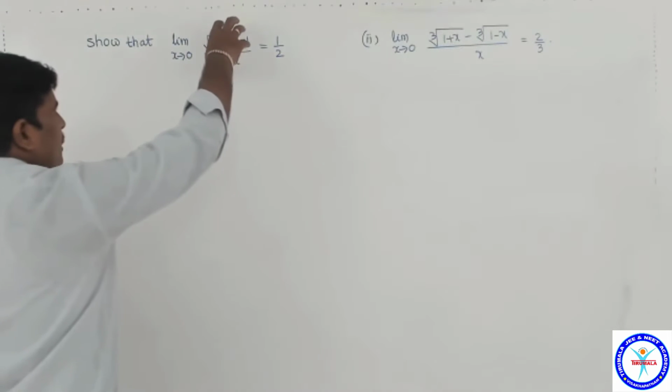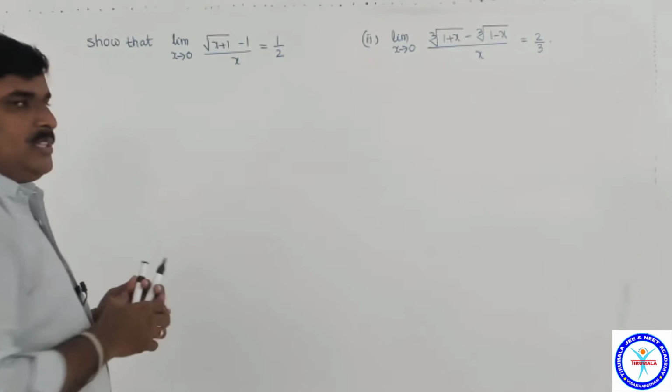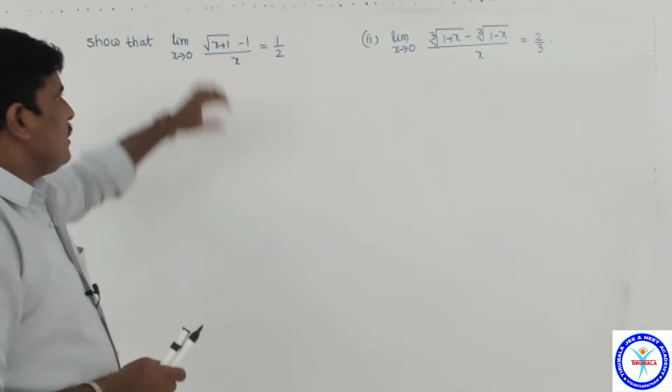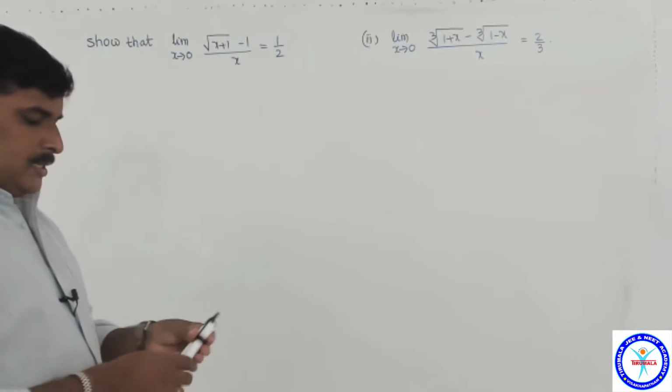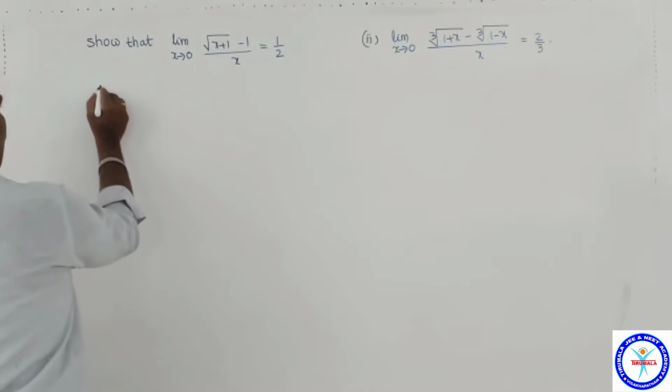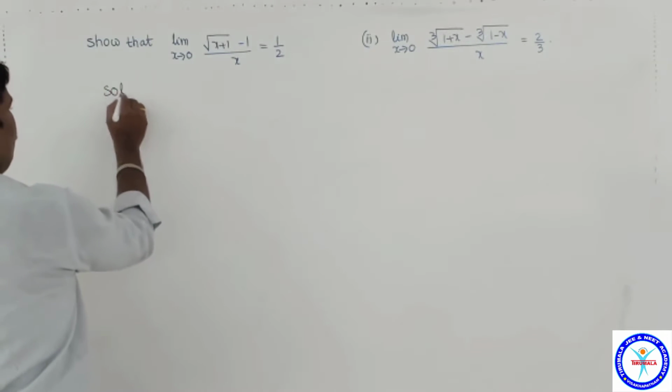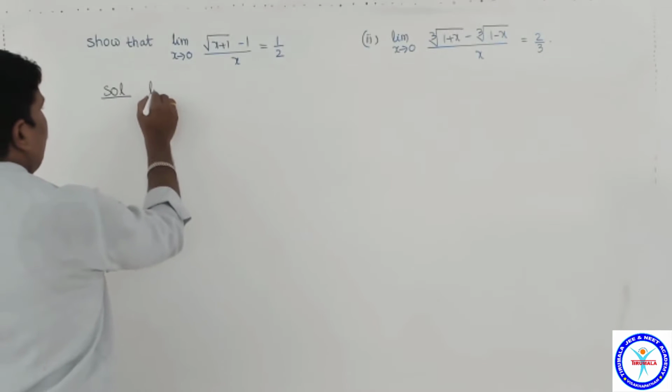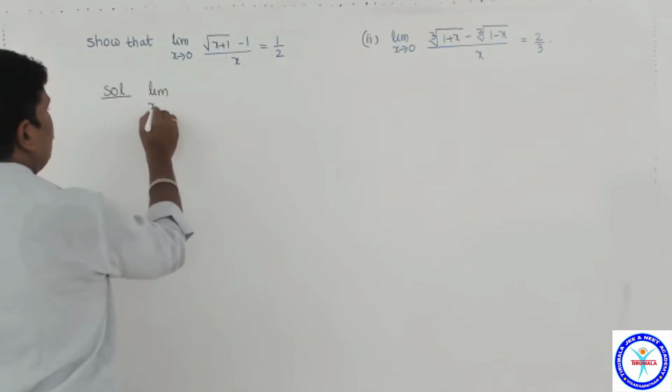Now simplify this function. Simplify this function means rationalize the numerator. So limit x tends to 0.